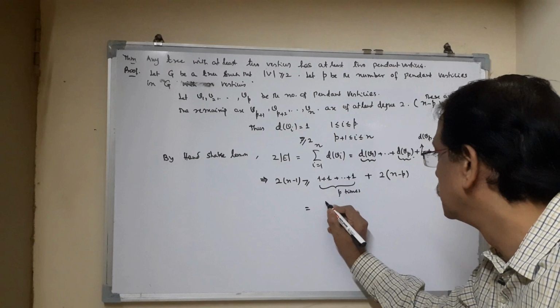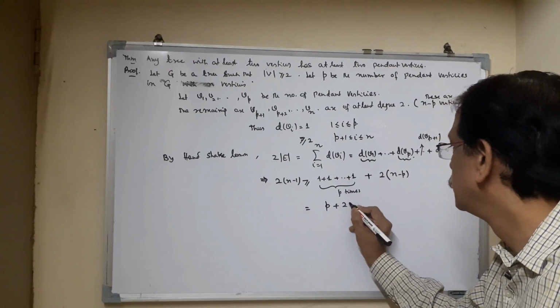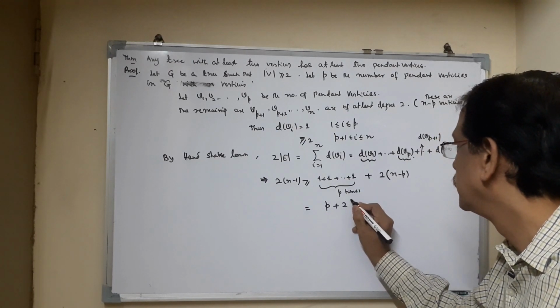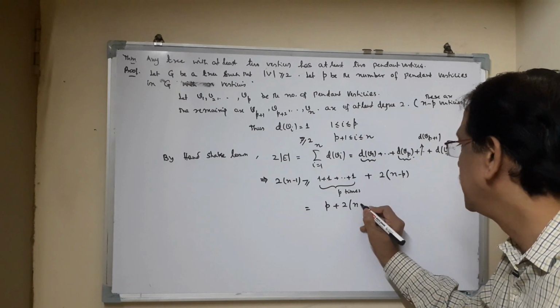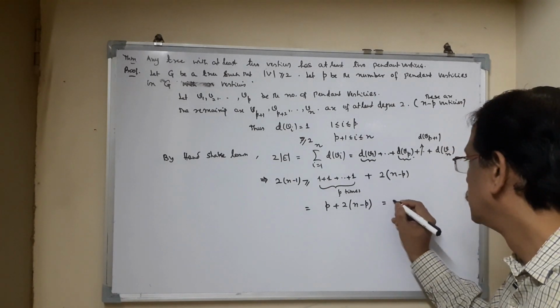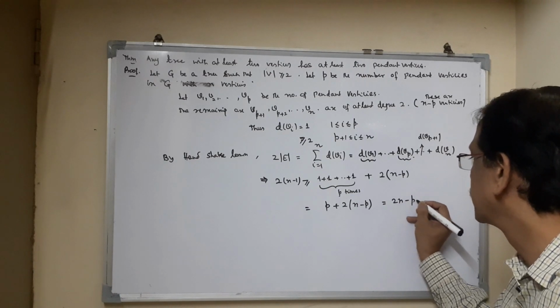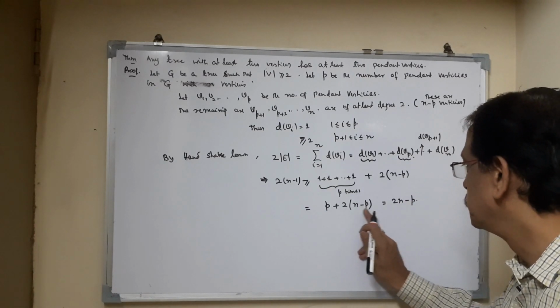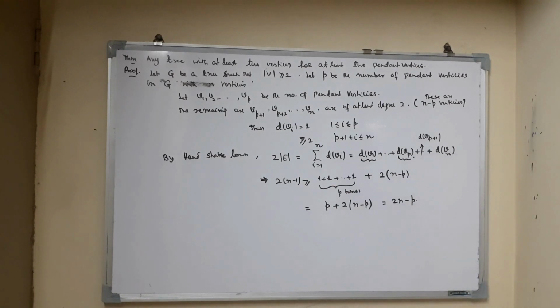So you will have this equal to P plus 2 times n minus P, that is equal to 2n minus P. So 2 into n minus 1 is greater than or equal to 2n minus P. Let us solve this.